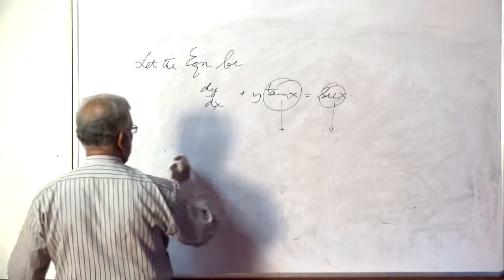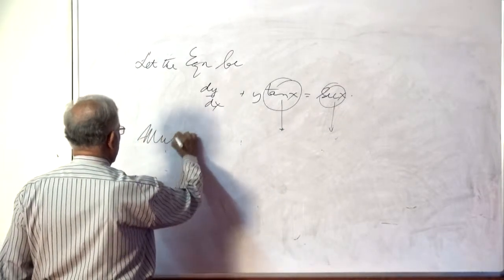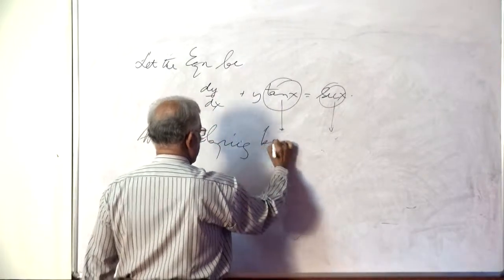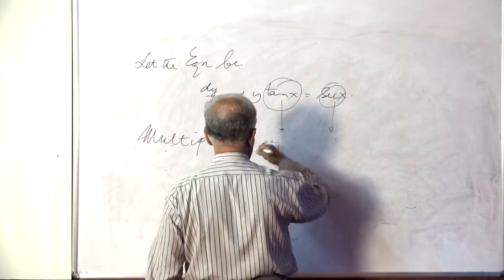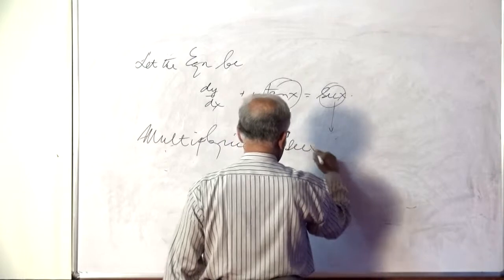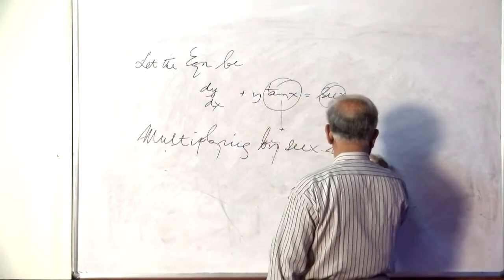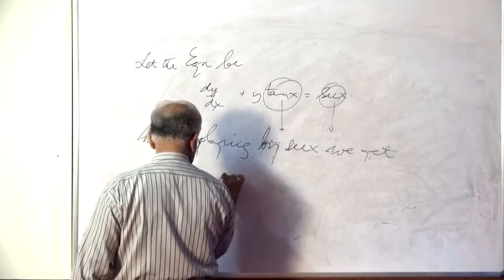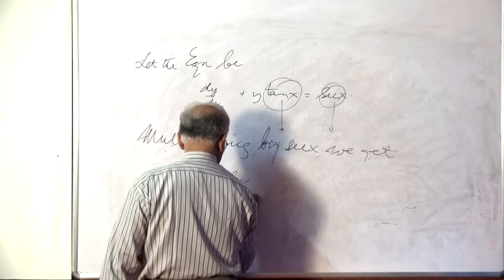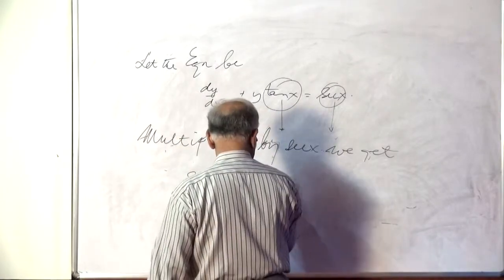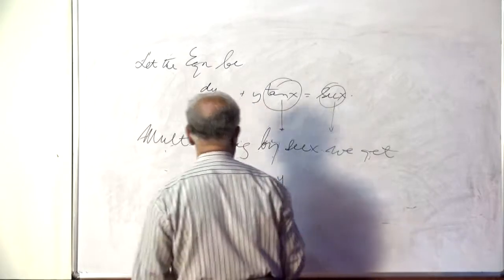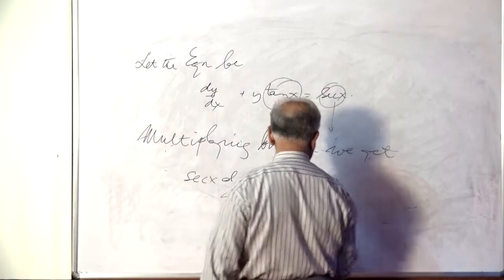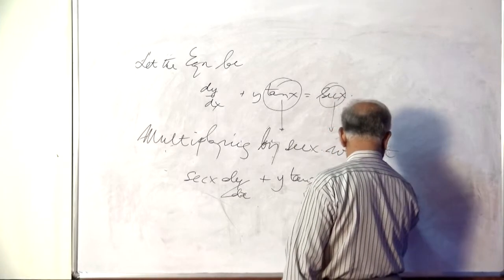So one writes, multiplying by sec x, we get sec x dy/dx plus y into tan x sec x is equal to sec square x.